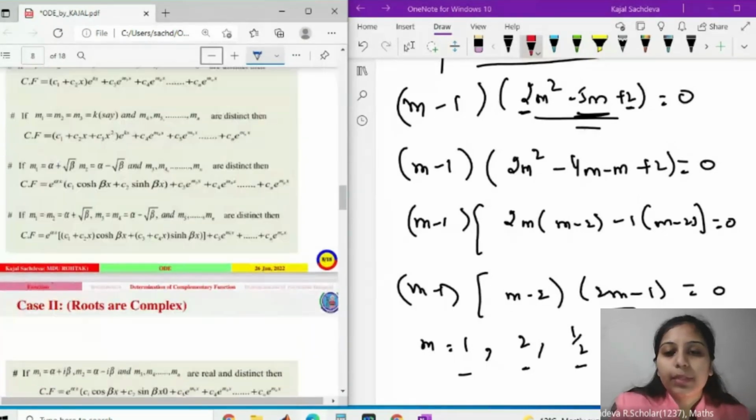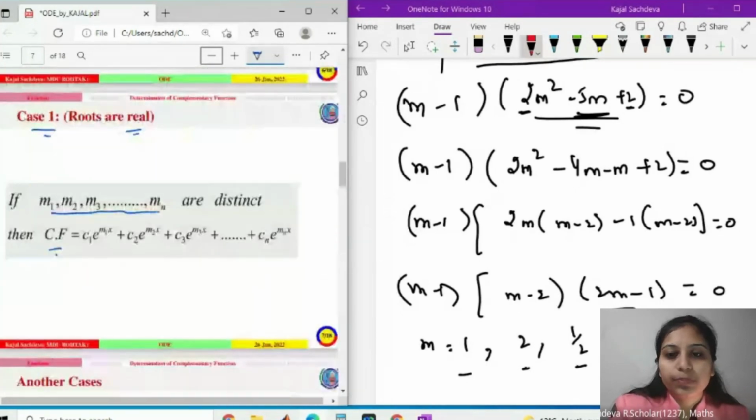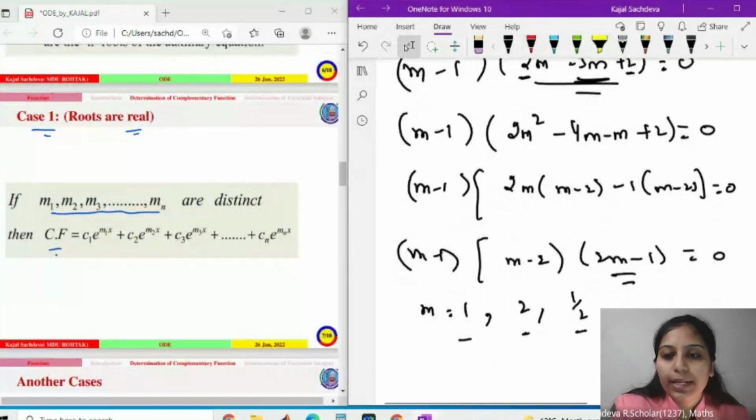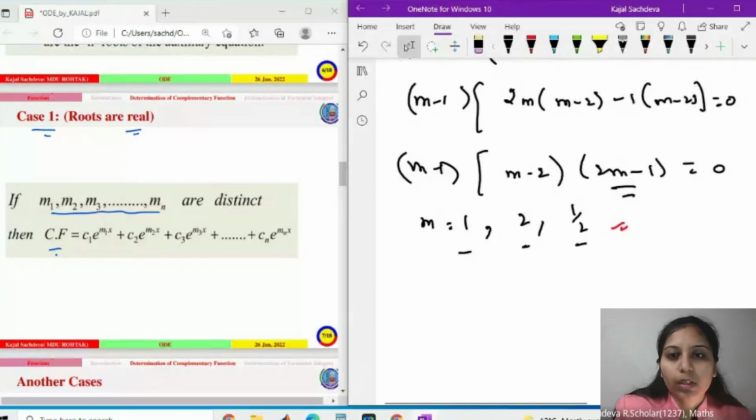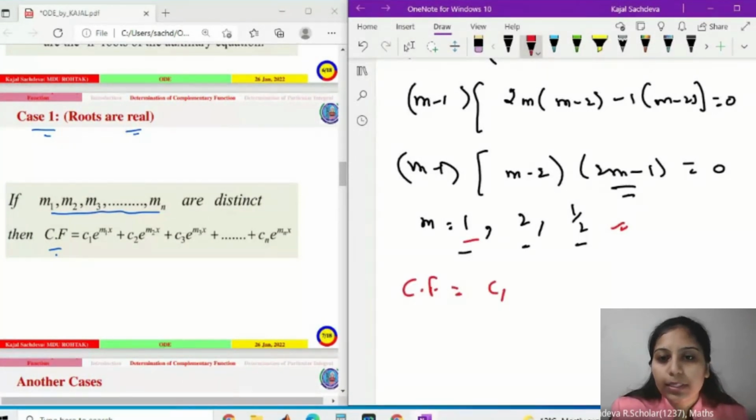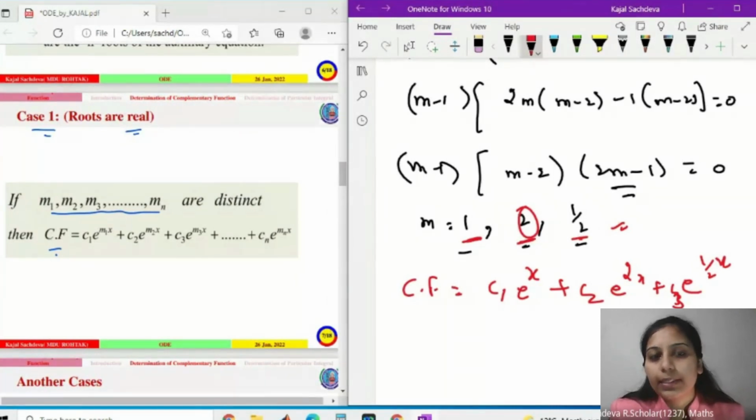So we write the solution here: CF is equal to C1 e raised to power x plus C2 e raised to power 2x plus C3 e raised to power x by 2. This is the required CF in this equation.